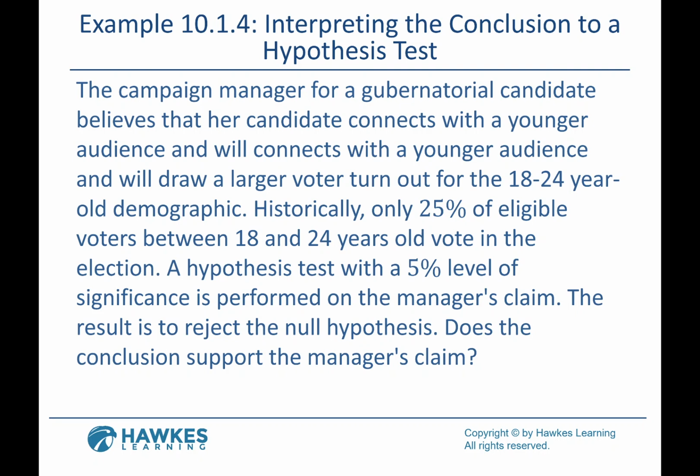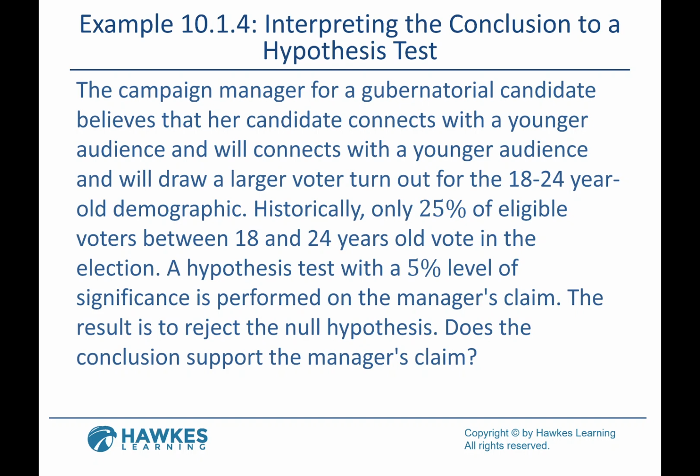So all we're trying to do is interpret. We got a lot of information we don't need in here. All we're trying to interpret, we know that the conclusion to the hypothesis test is that we reject the null hypothesis. All we want to know is, does that support the campaign manager's claim or not?